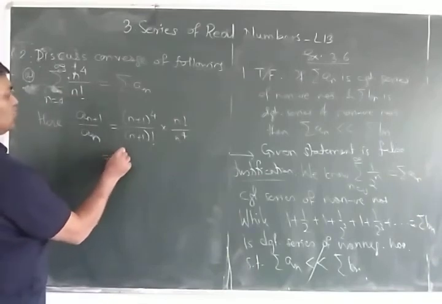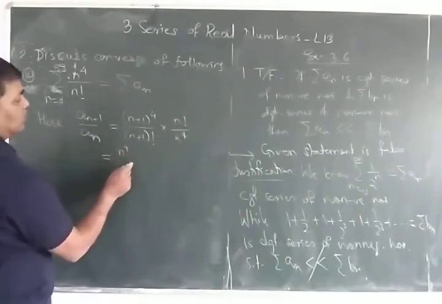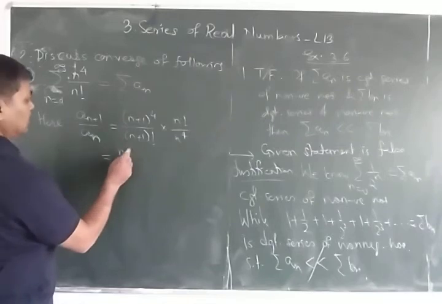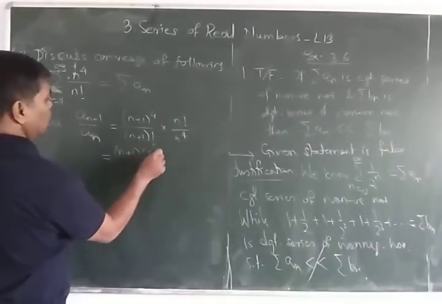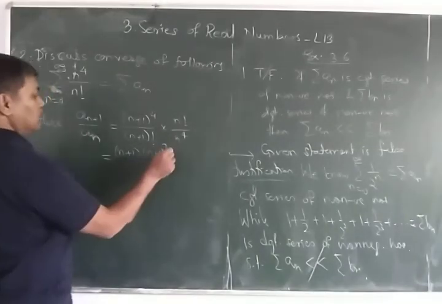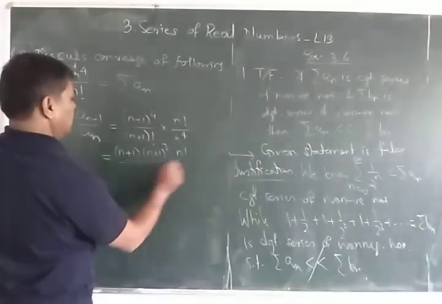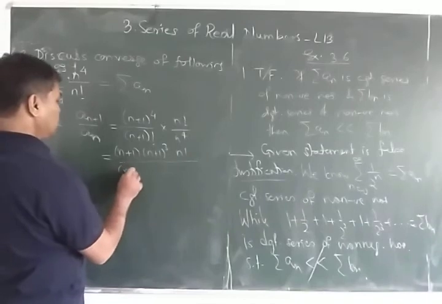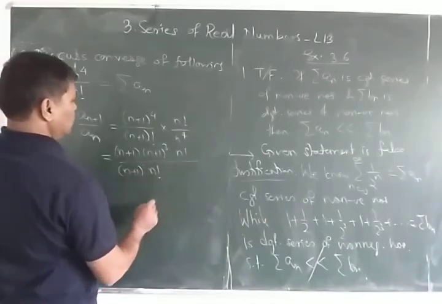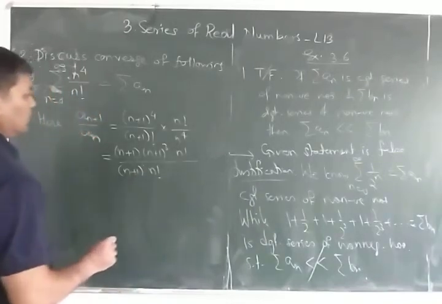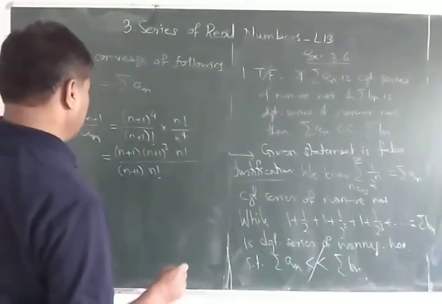So firstly (n plus 1) into (n plus 1) cube into n factorial upon (n plus 1) into n factorial into n raised to 4.